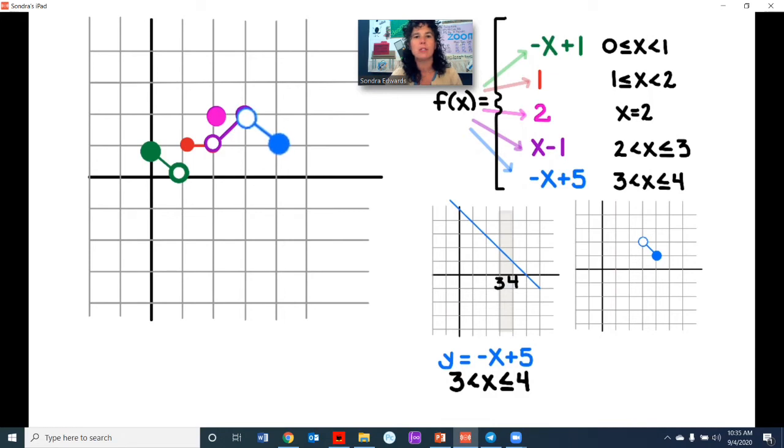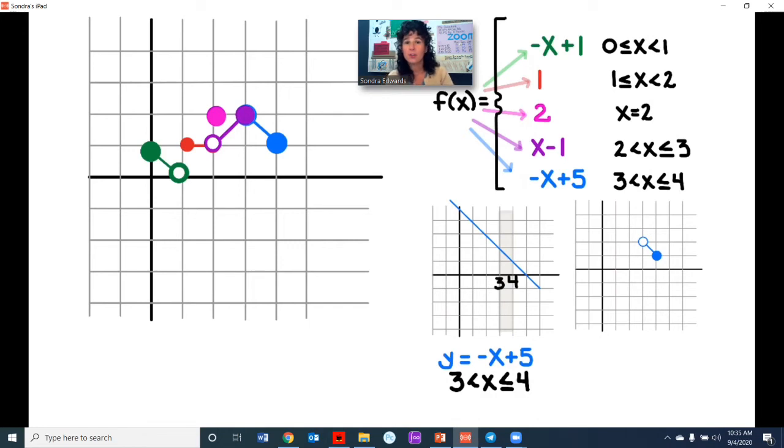We have an open dot that is landing on top of a closed dot. And when I let go here, notice that it's filled in. That purple closed dot is filling in that point. So this is our final graph of f of x.